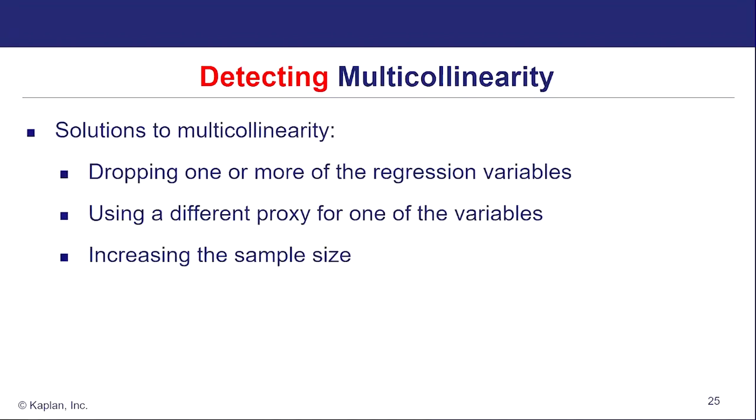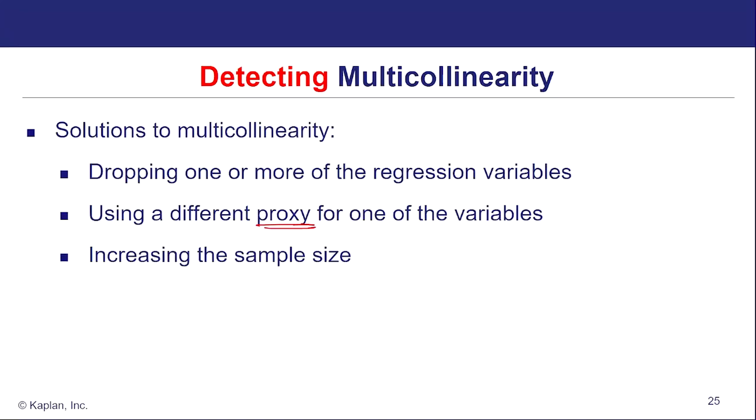What are the solutions? We already went through dropping one or more regression variables, the ones that are correlated. Maybe you drop them from your model because they are highly correlated. Maybe there is no value to having two variables saying the same story. So that is one approach. The second one is to use a different proxy for the variable. For example, if you are trying to include a variable that captures the liquidity of a specific security, let's say a bond, and you're concerned about the liquidity risk premium explaining the yield on a bond.